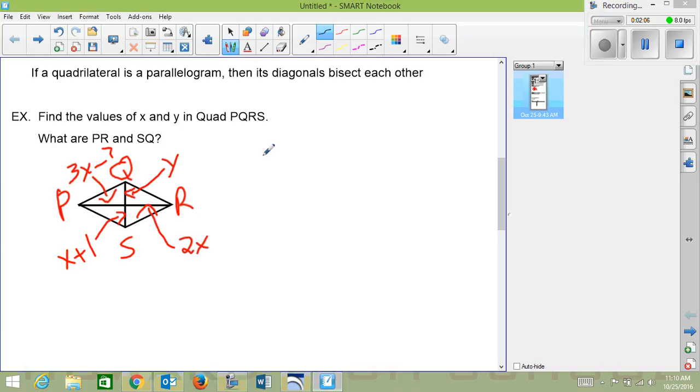So I would set up 3x minus 7 equals 2x, and y equals x plus 1.